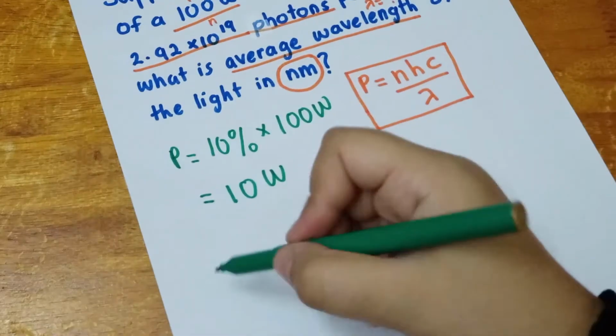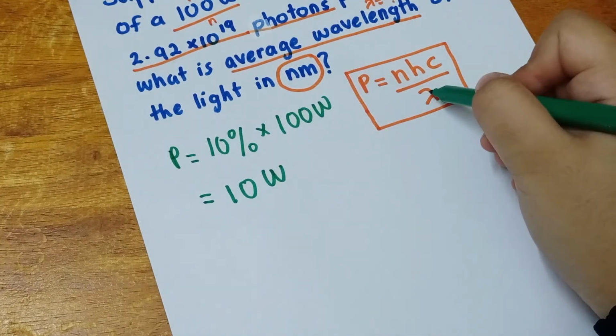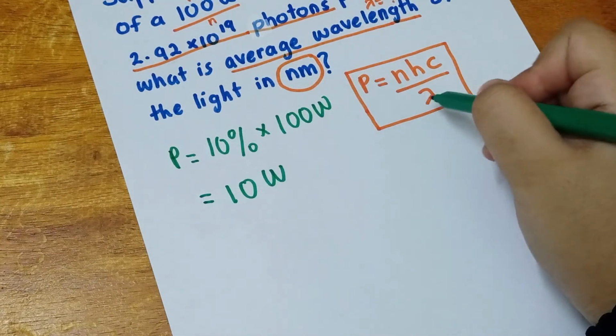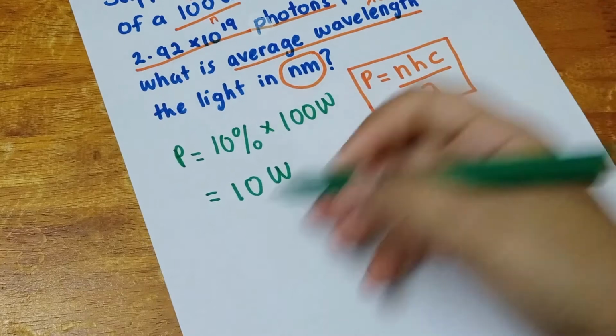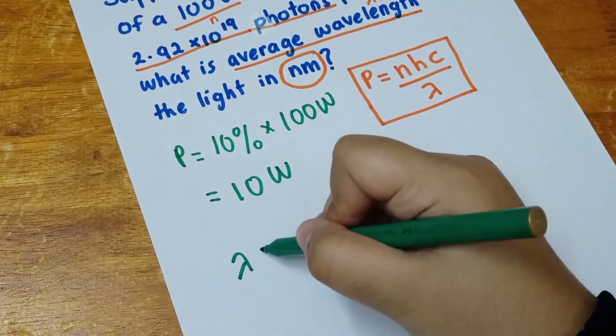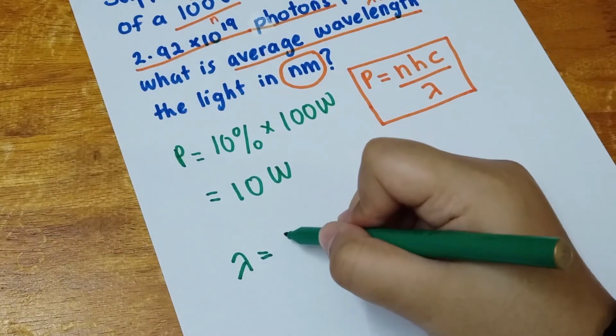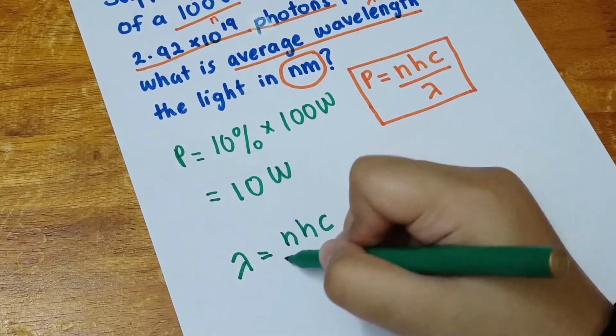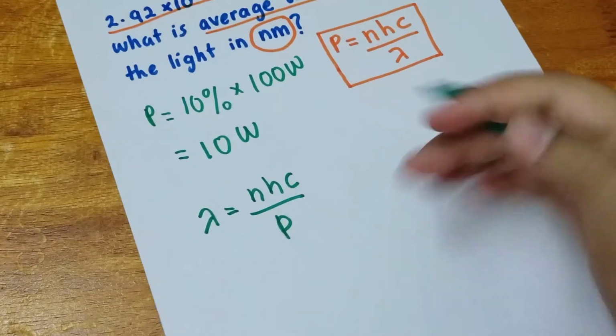So this is the real power that we are going to use in this formula. We need to find lambda, so we bring lambda here and put the P down. The formula will be lambda is equal to NHC over the power.